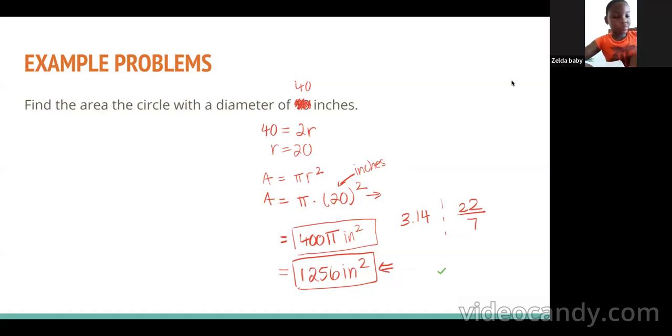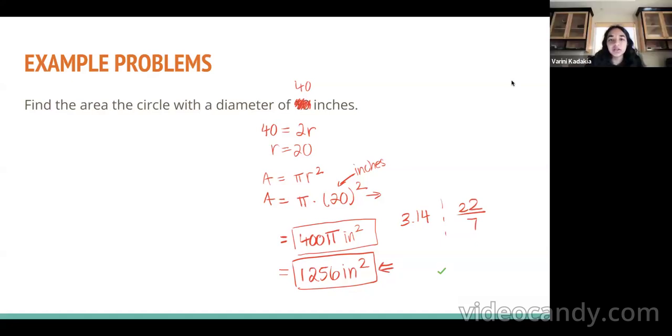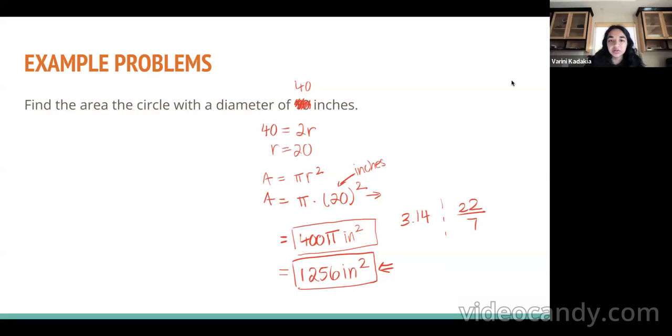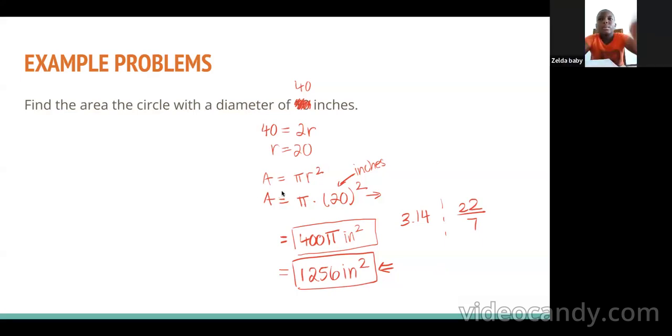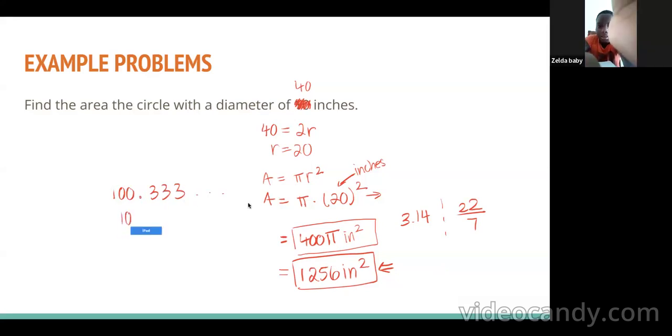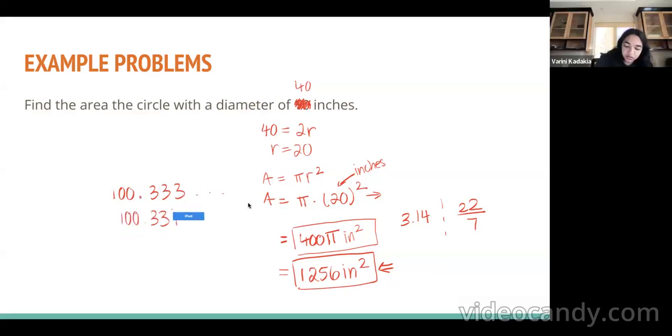But when you're reporting your answer, report to 2 decimal places. So if my answer was 100.3333 onwards, I just say it's 100.33 inches squared.